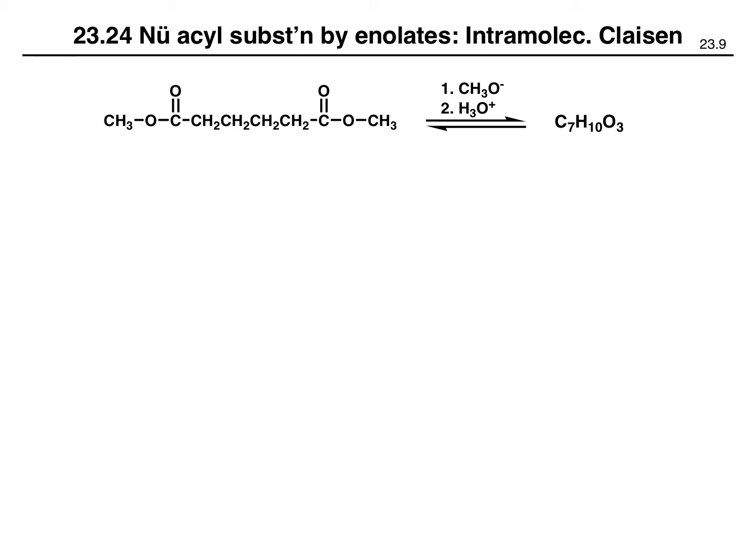Let's see what happens. Methoxide can abstract an alpha proton from this position or from this position. This compound is symmetric, so it doesn't matter. So let's show the formation of one of these enolates.